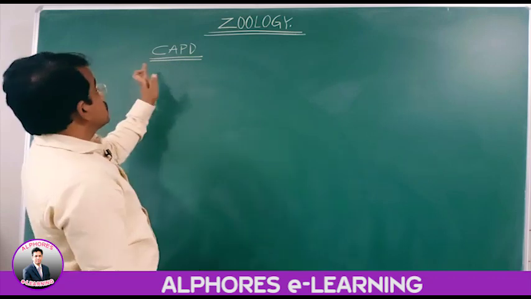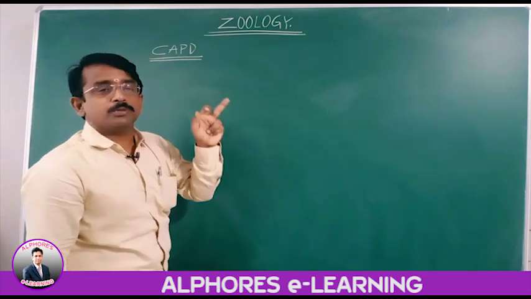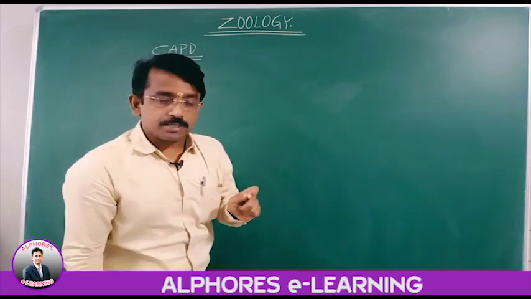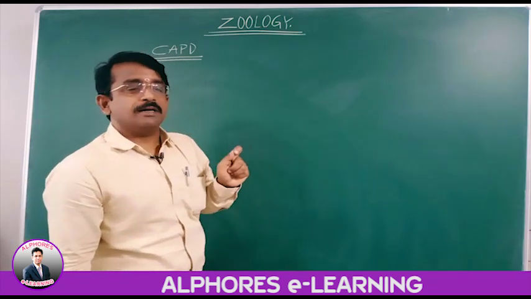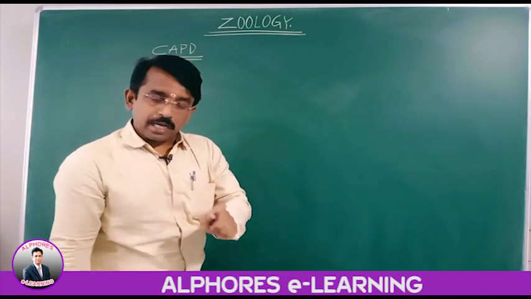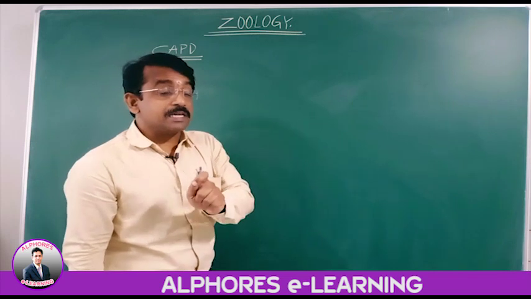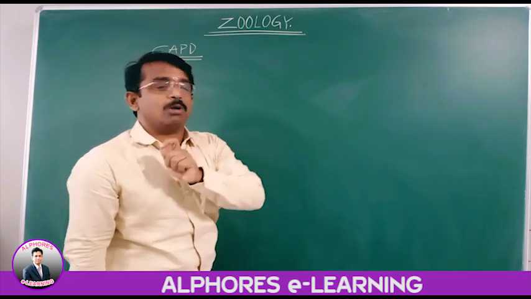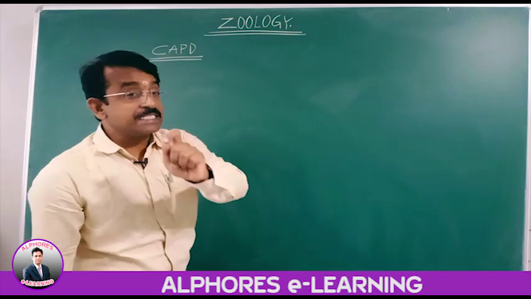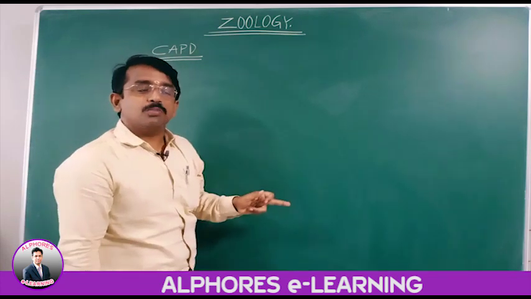Here CAPD is one more method. Generally it is more convenient, less expensive and less time-taking, and it can be done by an individual on their own. This is the advantage of CAPD.